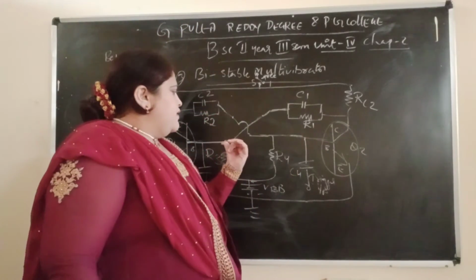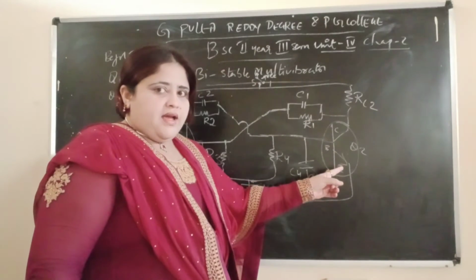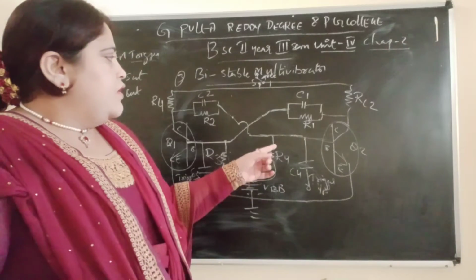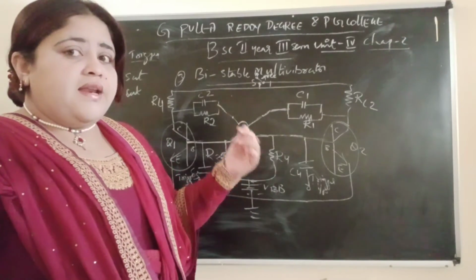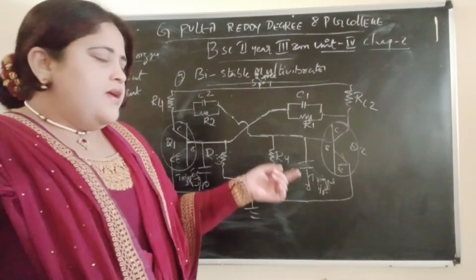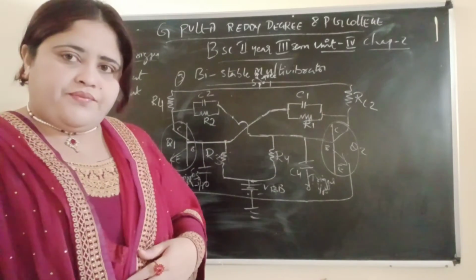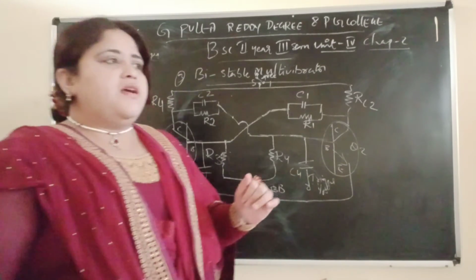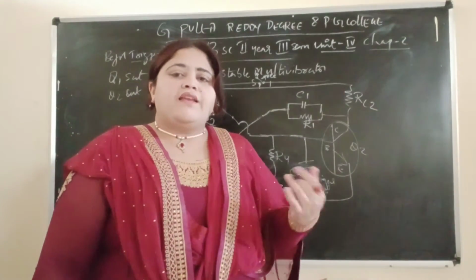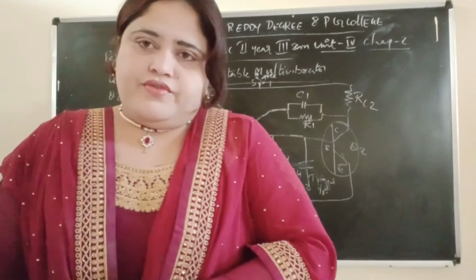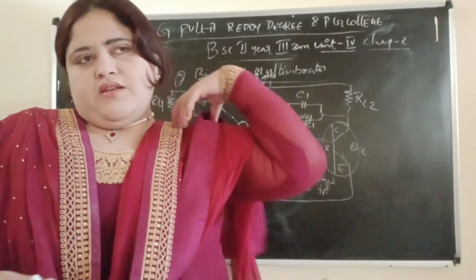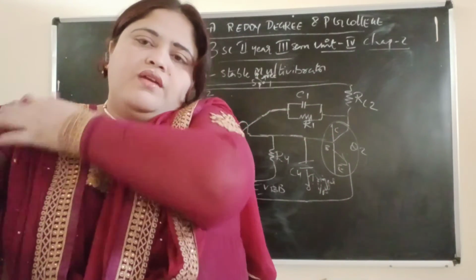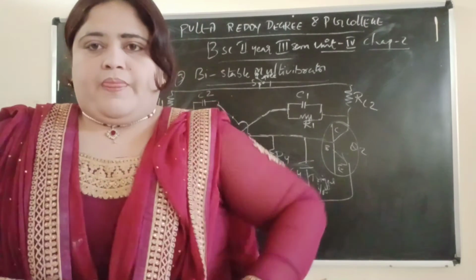This less voltage will be applied to Q2 as an input. As Q2 is getting less input, Q2 will become cut off. Its current will be less, voltage will be high. This high voltage will apply to Q1. Now Q1 is getting high input, so Q1 will become saturated and Q2 will be cut off. Okay, Q1 will be in saturation mode, and Q2 will be in cut off. Okay, now next.